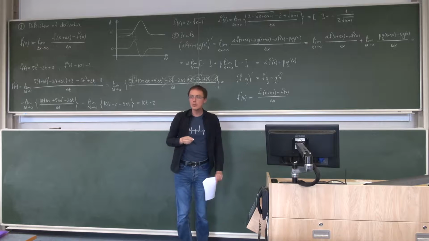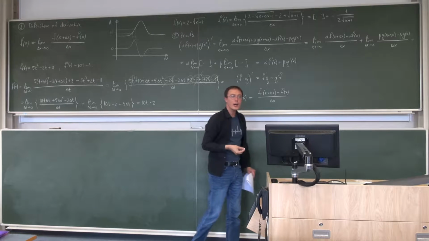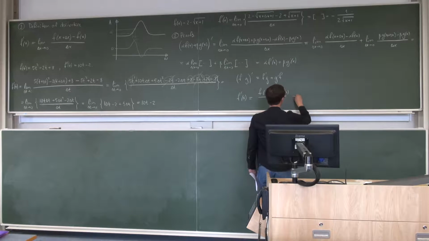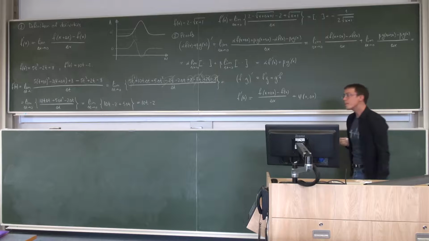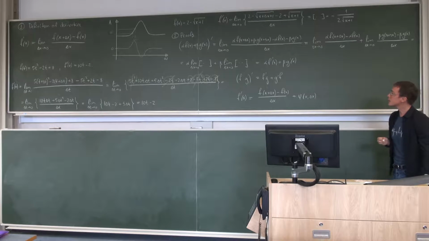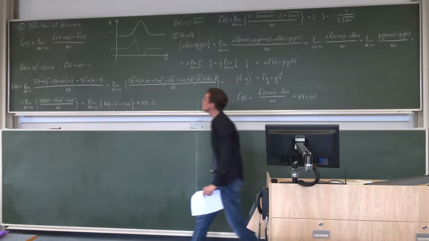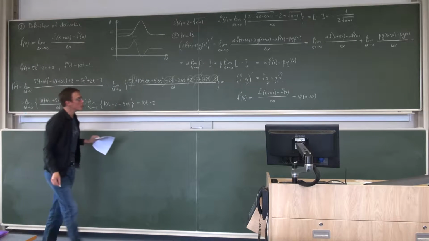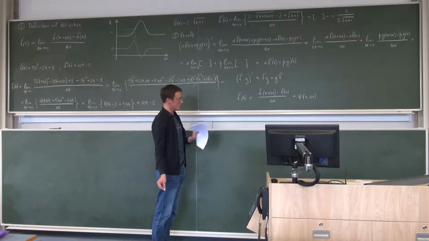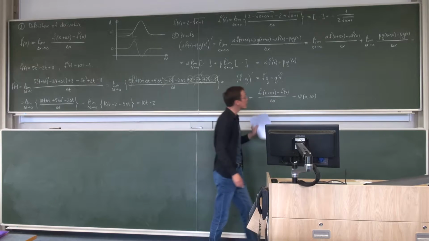Now, what does it mean to be approximate? There is some kind of correction term that we don't know. We will call it phi. It will be a function of x and delta x, and that is simply the difference between the expression where delta x was infinitesimally small, the true derivative, and the expression where it is perhaps small but not terribly small. And then that's the correction.